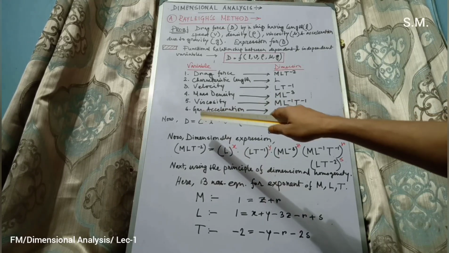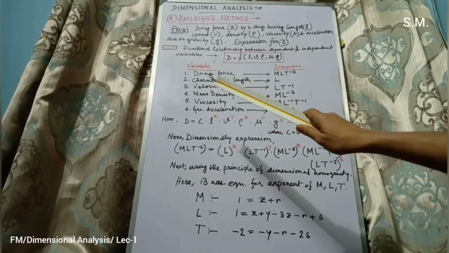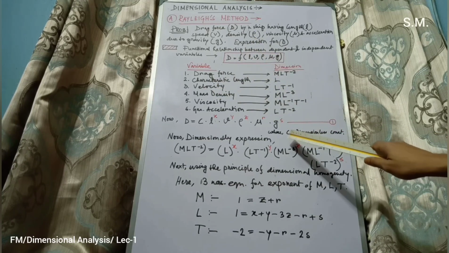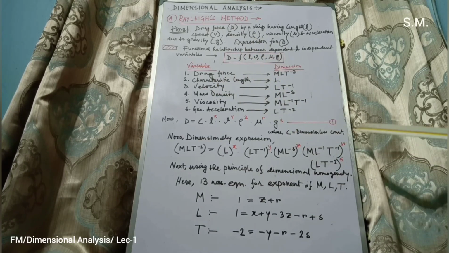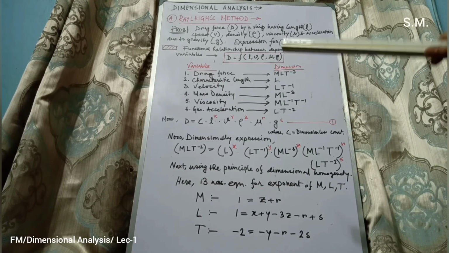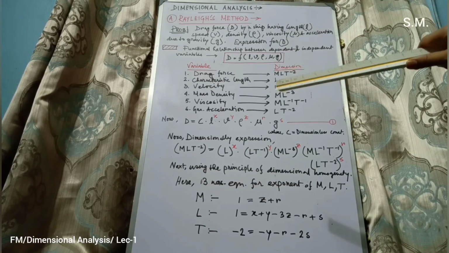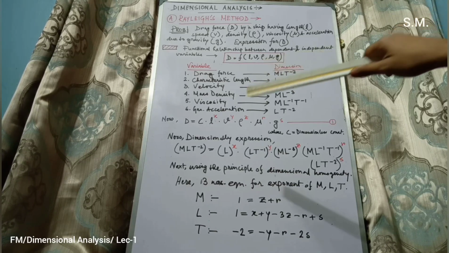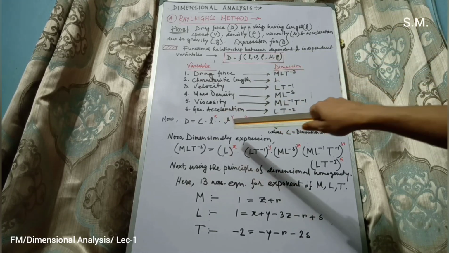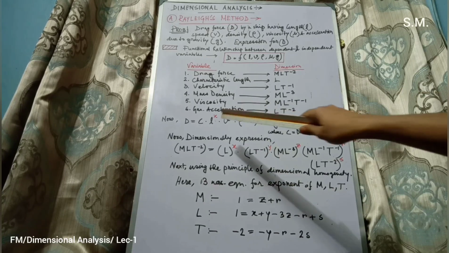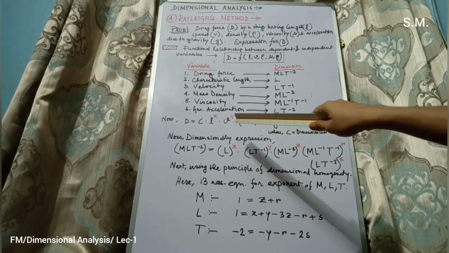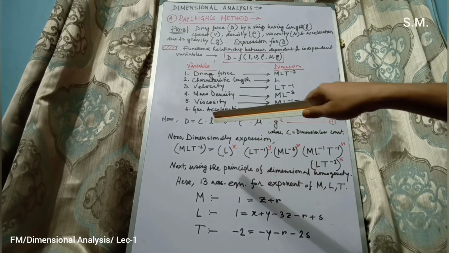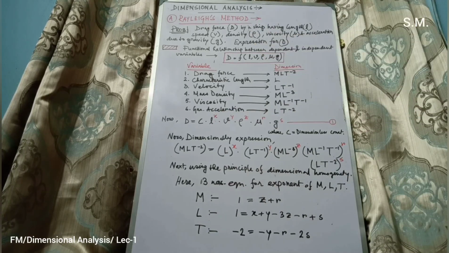C is a dimensionless constant, and we have to put a power on every independent variable. L, V, rho, mu, g are all independent, so we have to put powers.